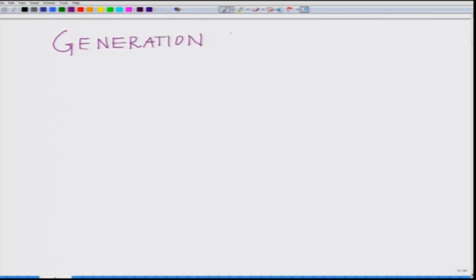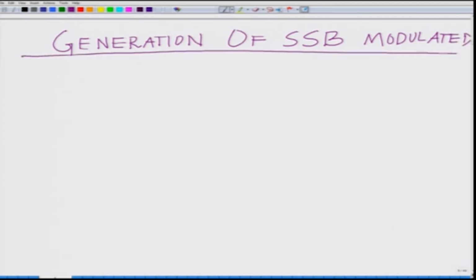There are various techniques for the generation of SSB modulated signals.